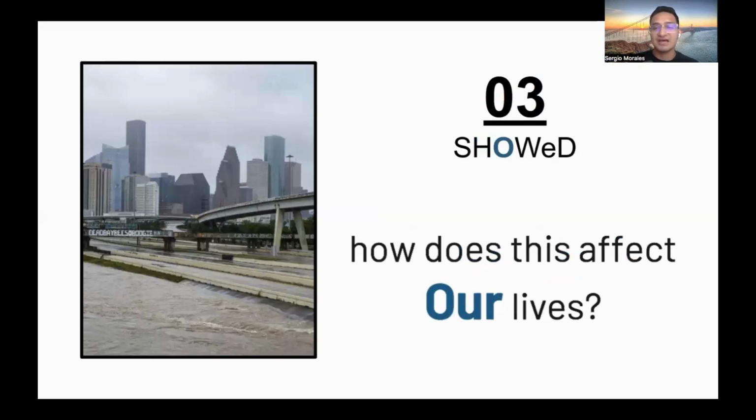The letter O is for "our," which signifies: how does this affect our lives? In this example picture, you have the issue of flooding after storms happen. You can argue that addressing flooding is a really important issue because it literally affects our lives and our safety.